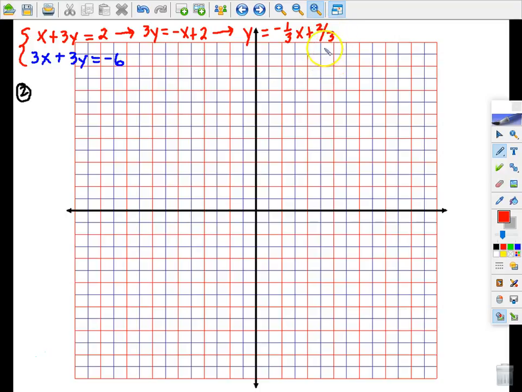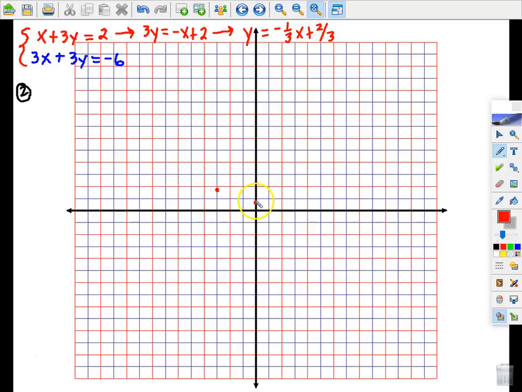So now this is ready to graph. I need to approximate where 2/3 is on the y-axis, and it's just a little bit below 1. So we'll say it's right there. And then from there, I'm going to count a negative 1/3 slope. So there's two different ways of doing that. I can go up 1, a positive direction, which means I've got to combine that with a negative direction, left 3.